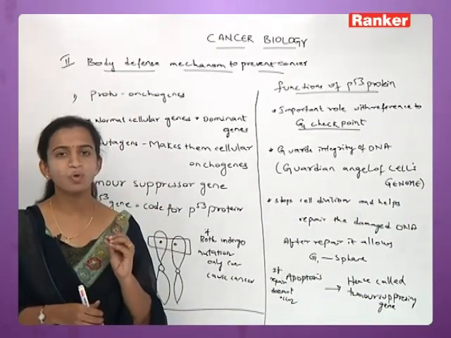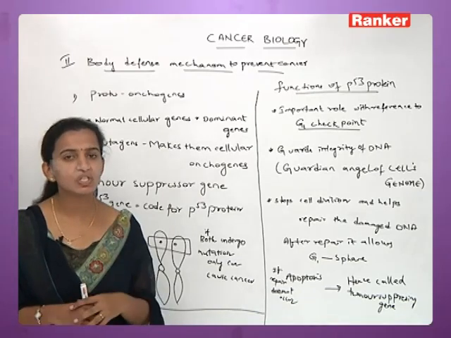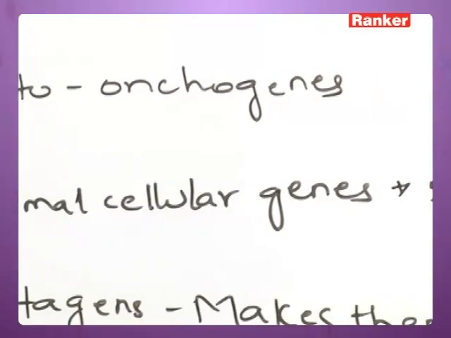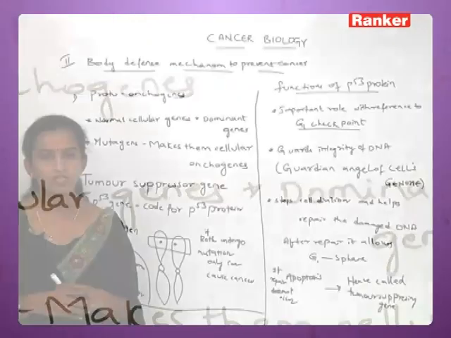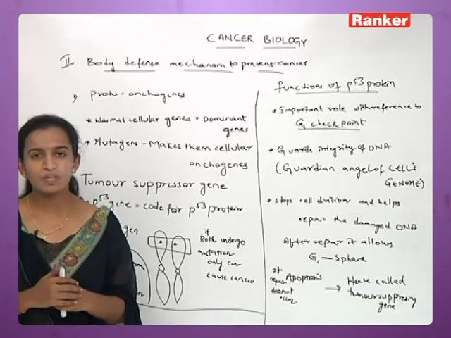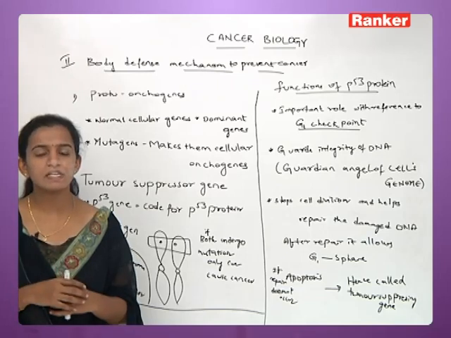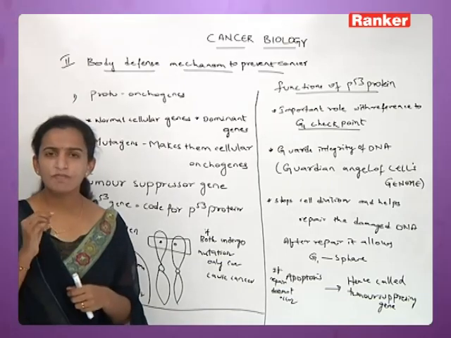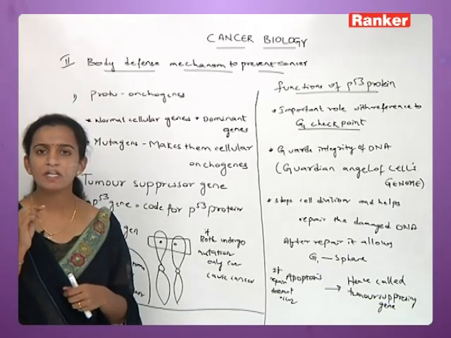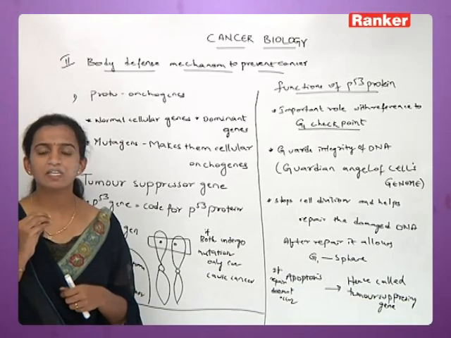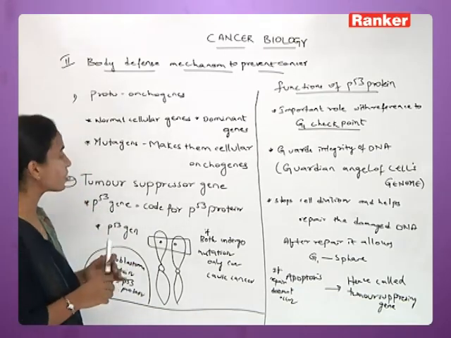These are normal cellular genes, and there is a gene which can cause cancer, and we know there are homozygous and heterozygous genes. What he is telling about proto-oncogenes is that if even a single dominant gene is present, or if even a single mutation takes place in a gene, that cell is going to cause cancer.